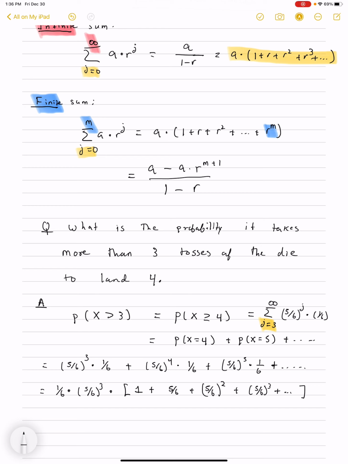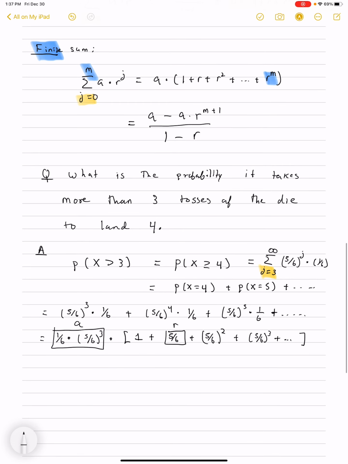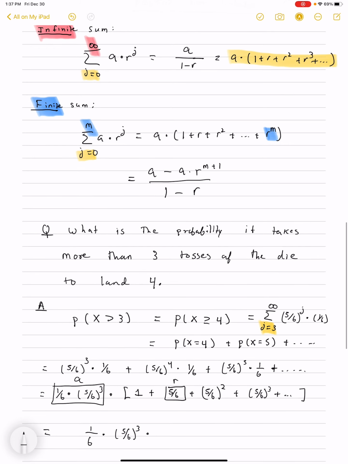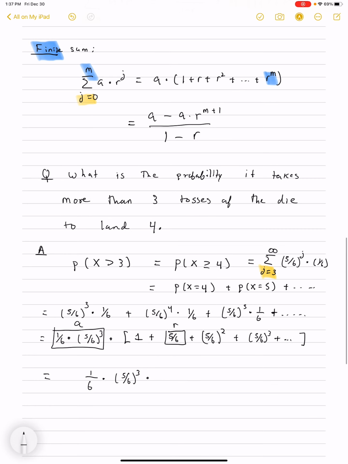So I can use this formula with a being that term and r being 5/6. So if I want to calculate this probability, it'll be 1/6, which is a, times 5/6 cubed, times 1 divided by 1 minus r, and r is 5/6.